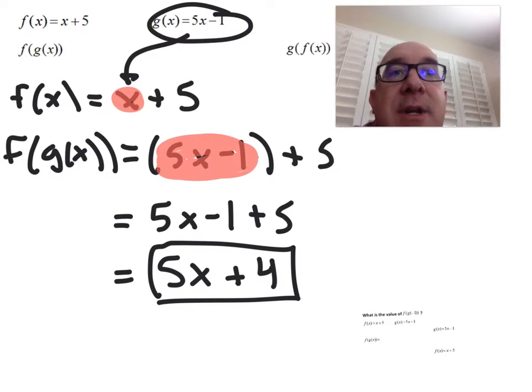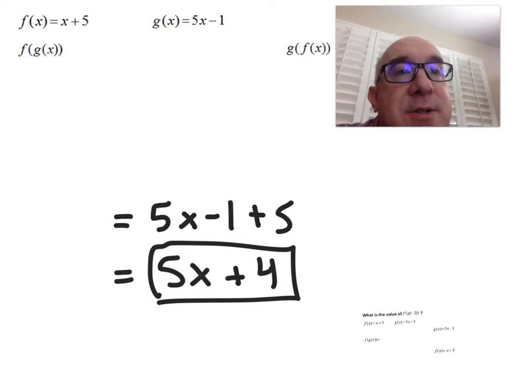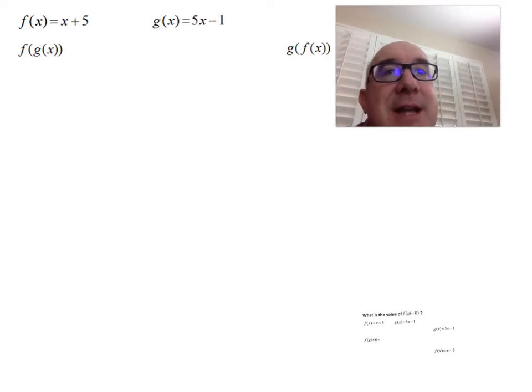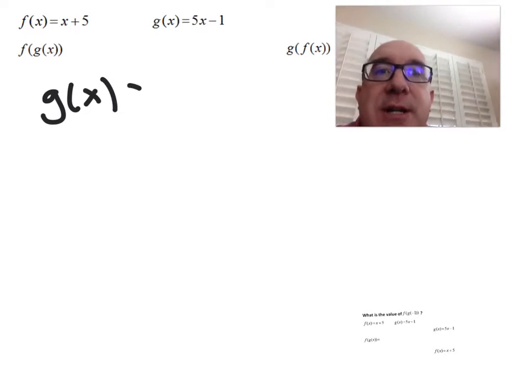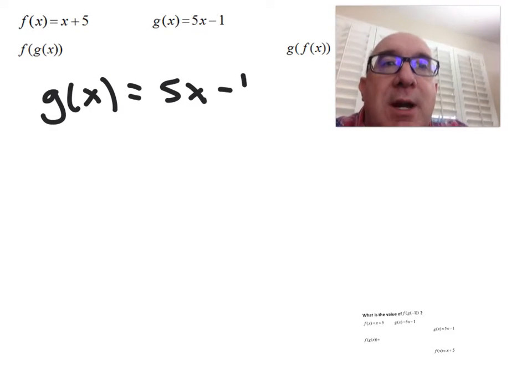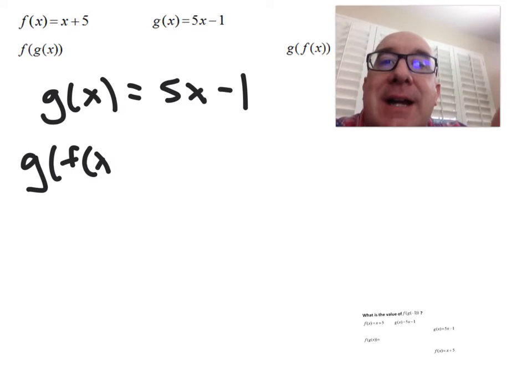So let me knock this out to clear us a little space. Now let's do the exact same thing but in reverse. Let's start with g of x, which is 5x minus 1. And in that we're going to put f of x.